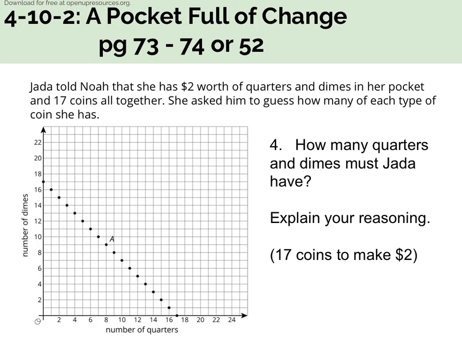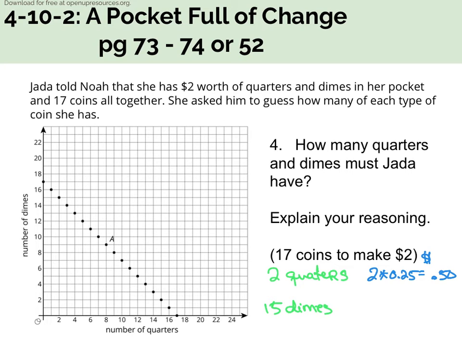All right, so did you figure it out? Jada needs to have 2 quarters and 15 dimes. Let's walk through that. 2 quarters, so 2 times 25 is 50 cents.